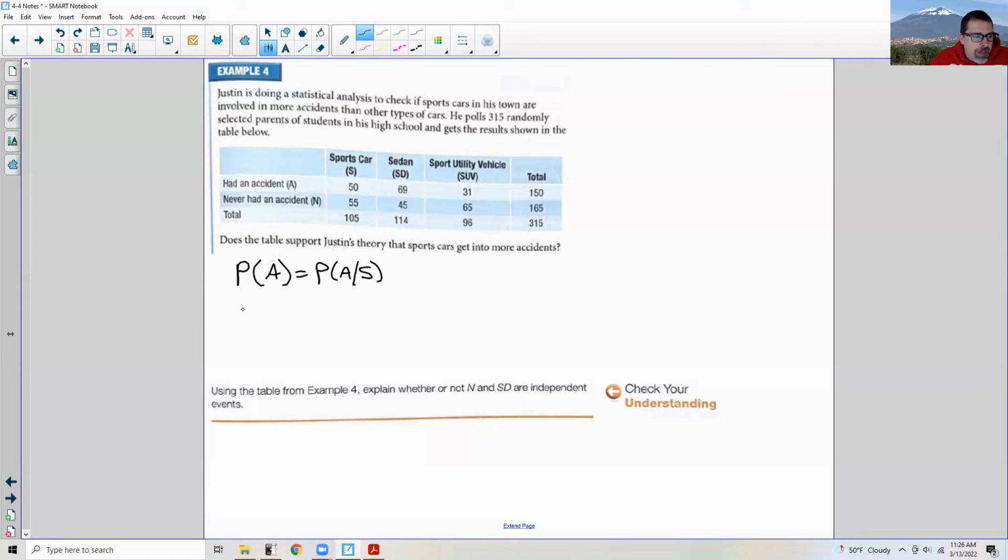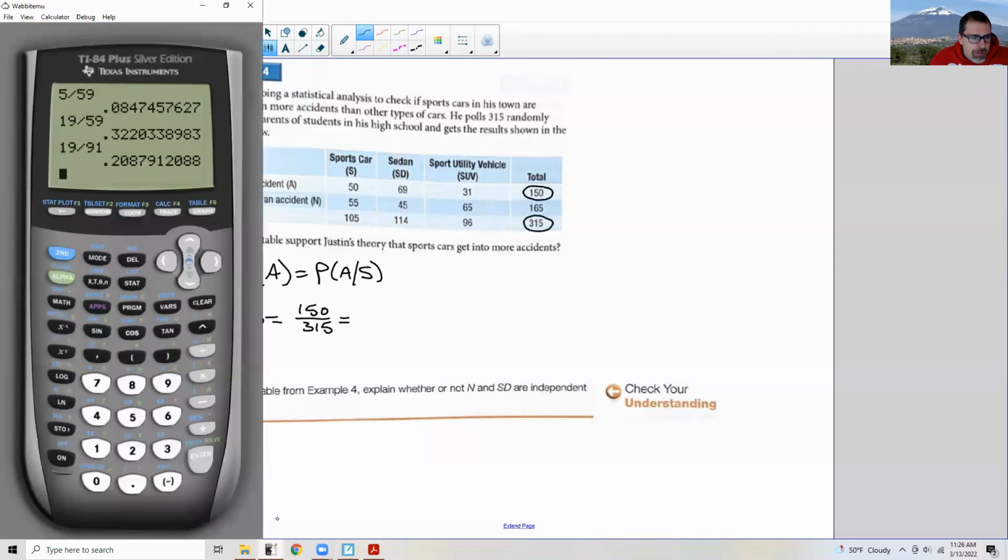Okay, so we'll find the probability of A first. So the probability of an accident, so has had an accident, is 150 out of 315. And we're going to convert this into a percent. So 150 divided by 315 is approximately 48%.